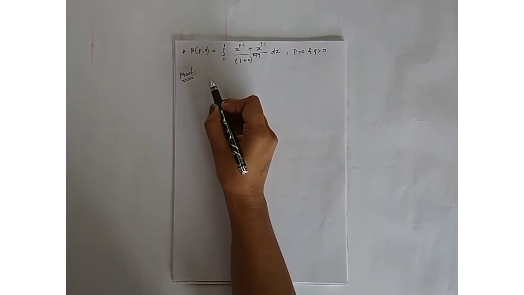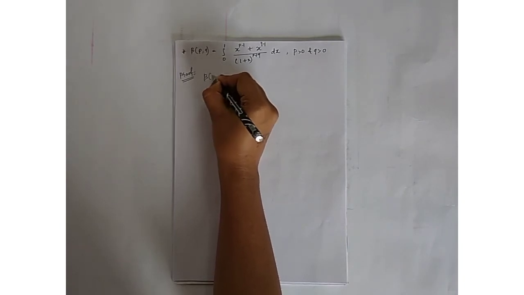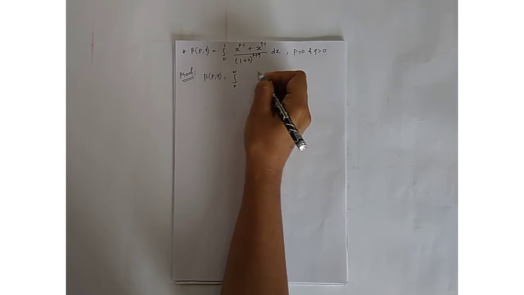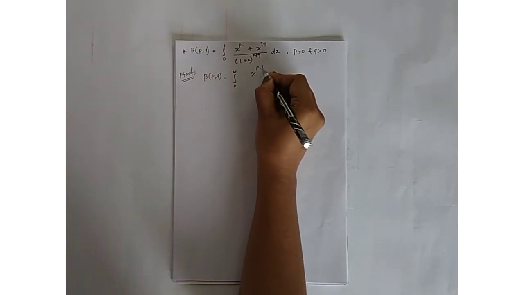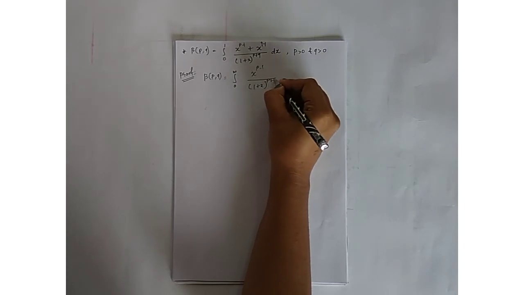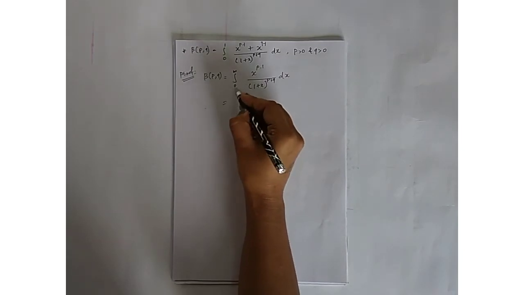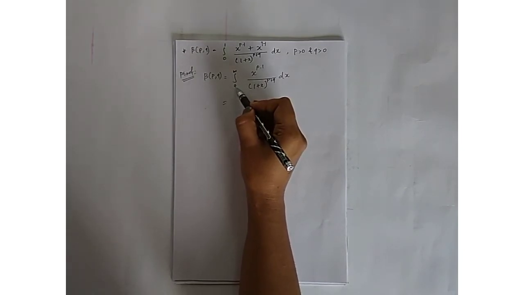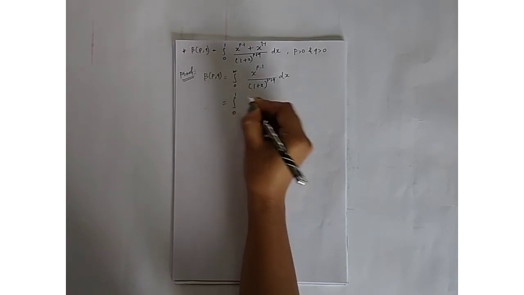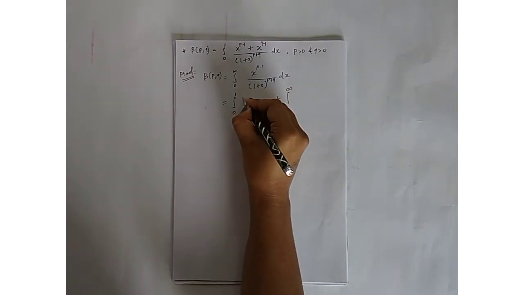Earlier we have proved one form of beta function, that is beta(p, q) is equal to integration with limits 0 to infinity of x^(p-1) upon (1 + x)^(p+q) dx. So now we are going to split this limit: 0 to 1 plus 1 to infinity.